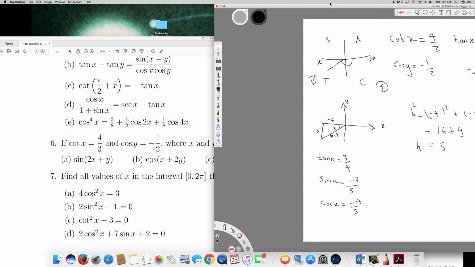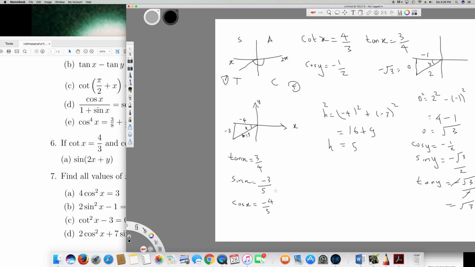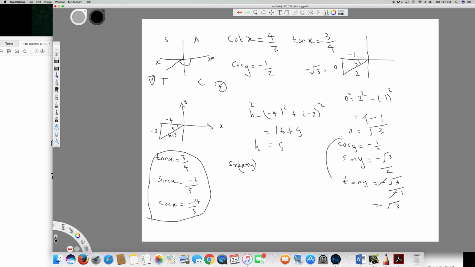The question is saying sin 2x plus y. Okay, these are x values, and these are y values, and the question is here, sin 2x plus y.